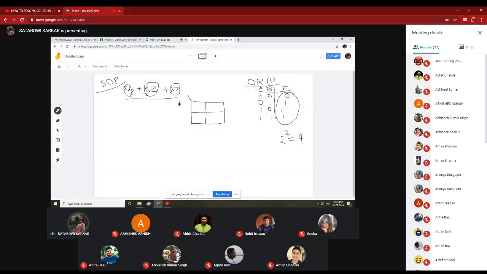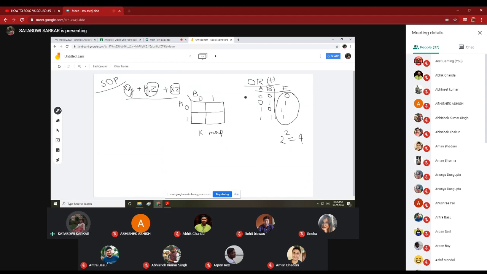Now see, we may take A here and B here. So B can have two values, either 0 or 1. A also may have two values, either 0 or 1. Now we have to draw this K-map. This is the K-map for two variables and for this output. So now we need to put these values in this K-map.